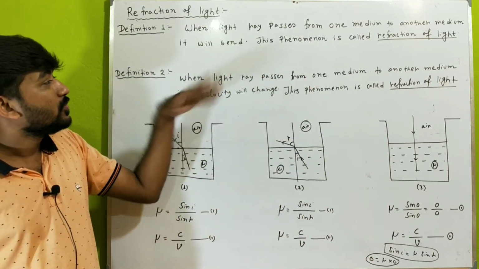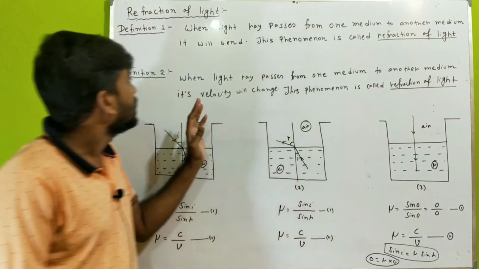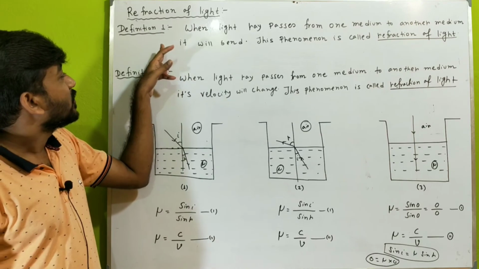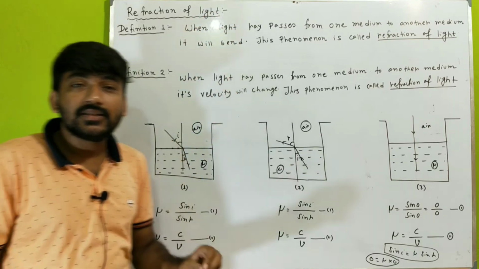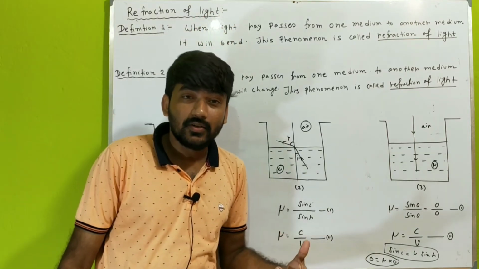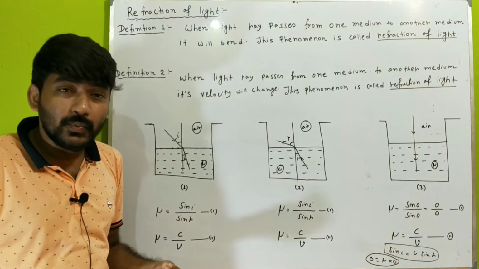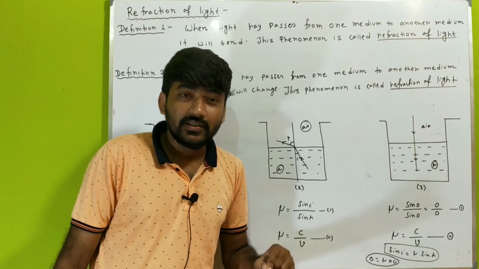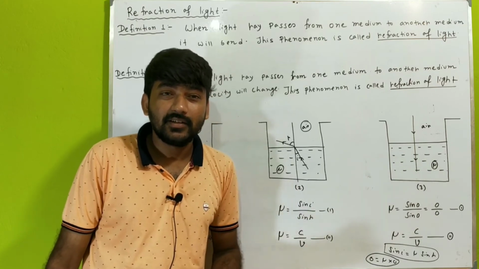Okay, so that is the discussion of another thing. But here it is sufficient to say that the cause of bending of light is just the changing of velocity of light. So if velocity changes, then the light will bend. But it is not necessary that if velocity is changed, the light will bend.